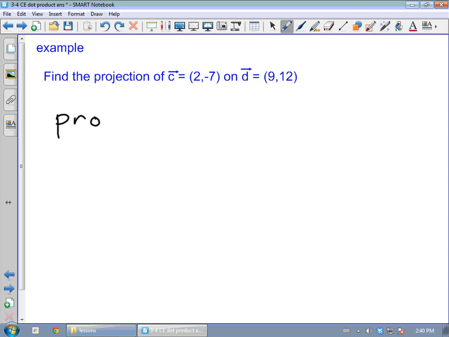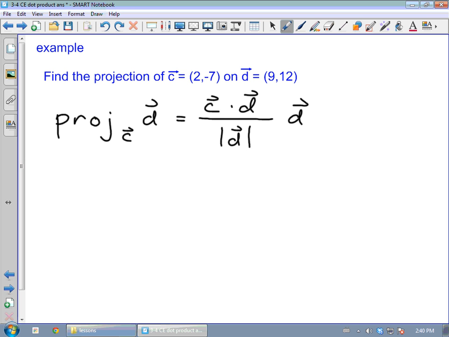So what we're going to start with is the formula for a projection. Projection of C onto D, and we want to use that formula that we ended up with at the end of the last slide. So C dot D divided by magnitude of D squared times vector D.